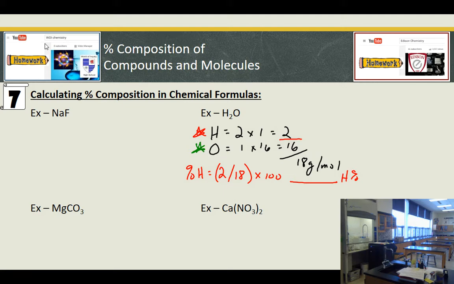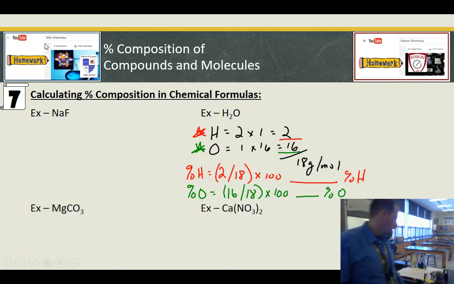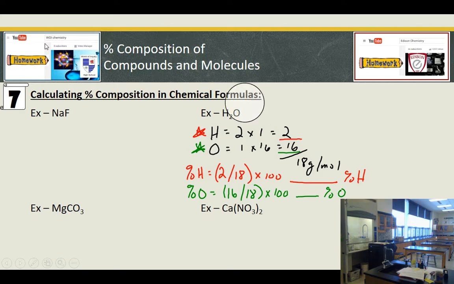Okay, and then percent O within this molecule is 16 divided by 18 times 100 is my percent oxygen within that molecule. So I'm going to let you go ahead and calculate what that is to save time, and you don't have to wait for me to get through it. Okay? Good.